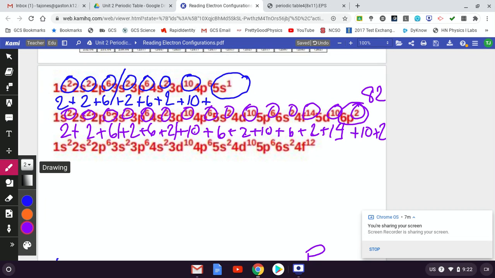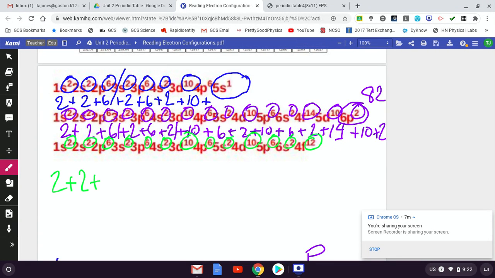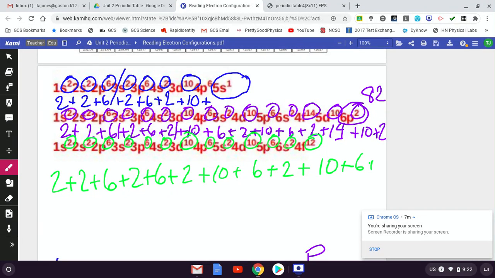All right, and one last example. This looks joyous. 2 plus 2 plus 6 plus 2 plus 6 plus 2 plus 10 plus 6 plus 2 plus 10 plus 6 plus 2 plus 12.